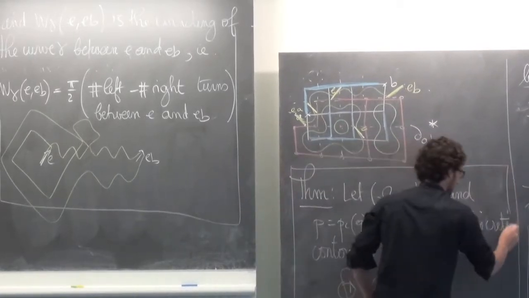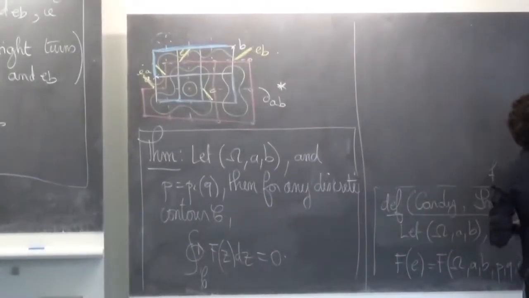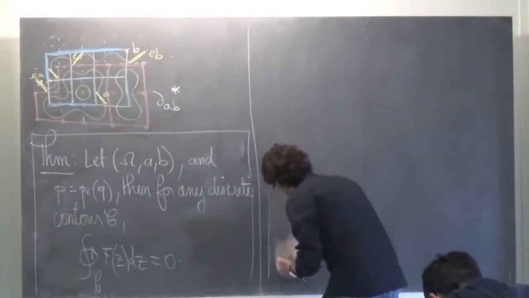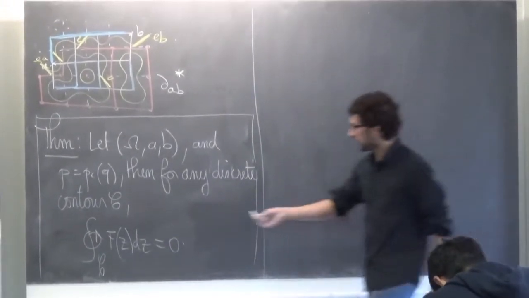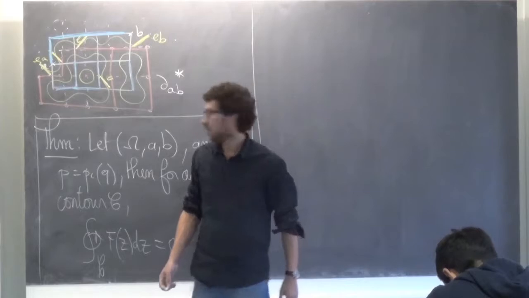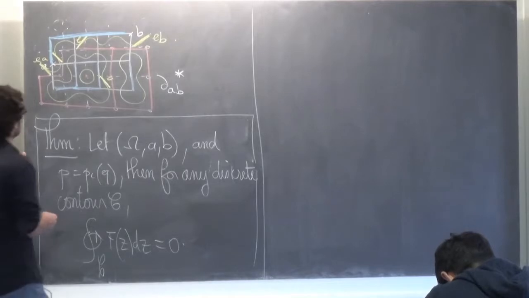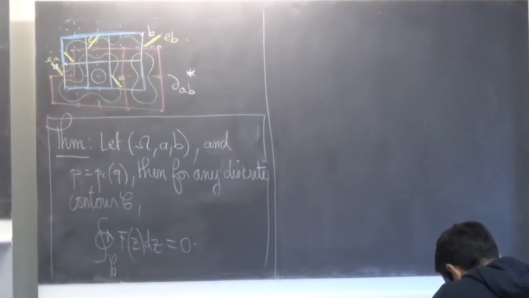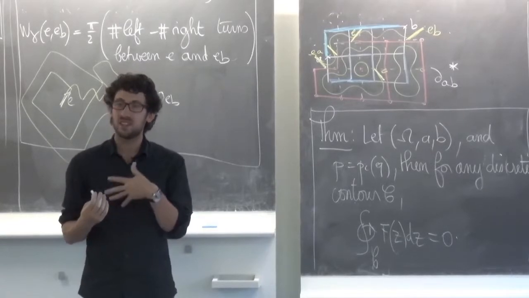So I need to tell you what a discrete contour is. Well, it's the most natural discretization of just a circuit in R2, in C. This is just a discrete version of contour integrals in complex analysis. So how will you do that? Well, you would do that as follows. In discrete analysis, when you define, for instance, the gradient of a function, usually you are going to define it on the dual graph.